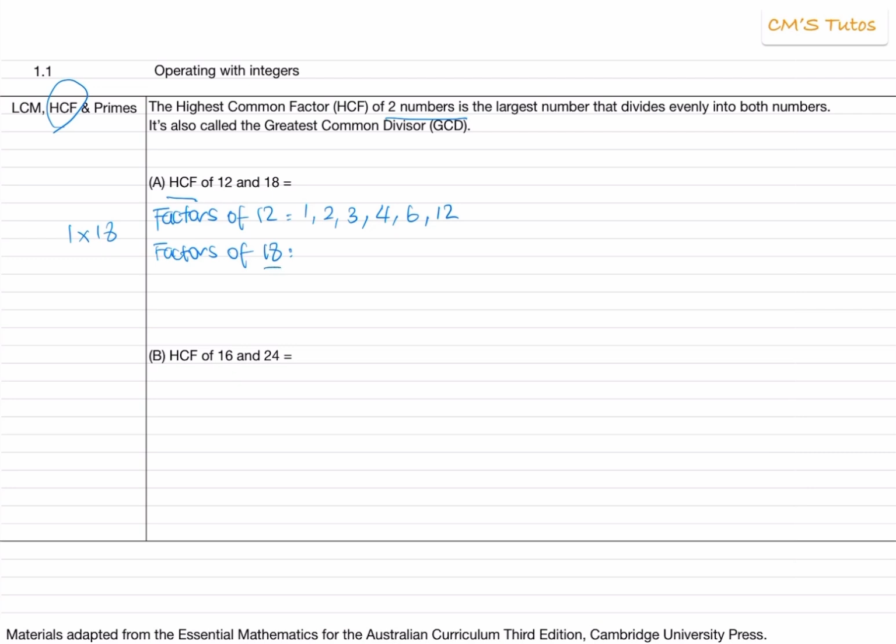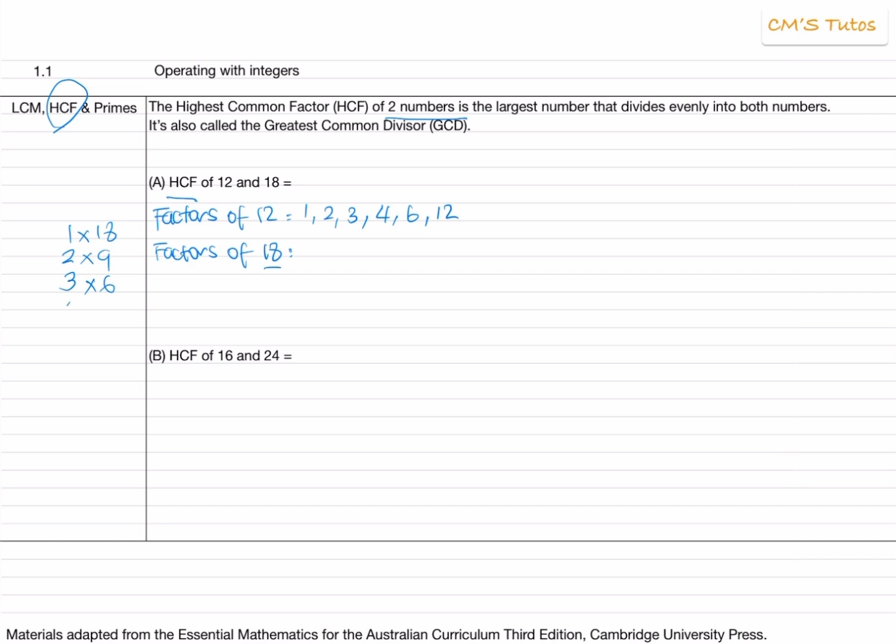So what are two whole numbers that we can multiply to get 18? Well, we can say 2 multiplied by 9 equals 18. What about 3? 3 multiplied by 6 equals 18.